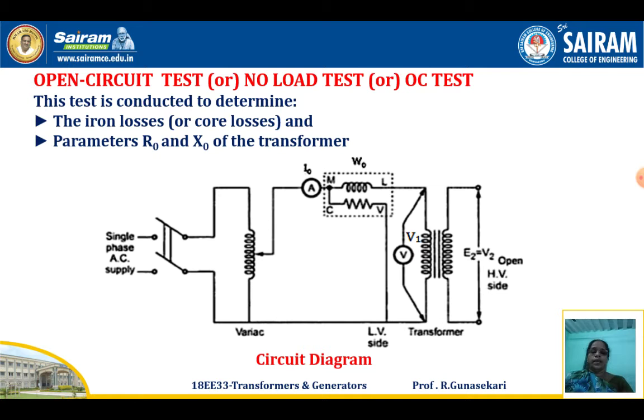The ammeter A records the no load current or input current or the primary current I0. The wattmeter records the input power or no load power or iron losses or core losses. This is the procedure.